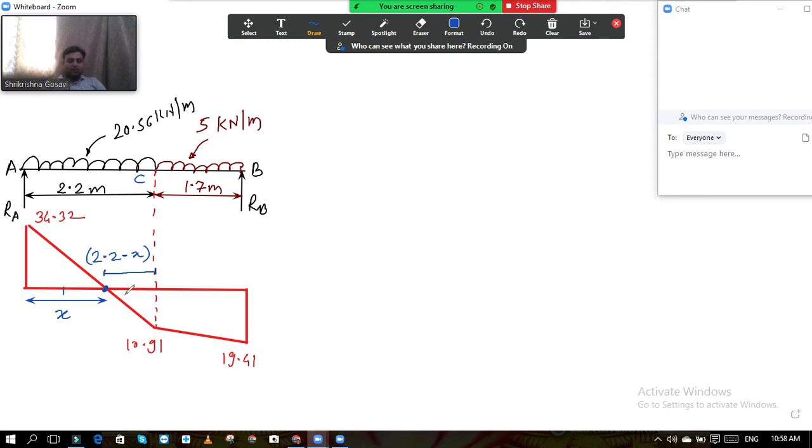So these two sides are known to us now. Okay, so this ordinate is 34.32. This ordinate is 10.91. So if I take the proportion of sides, then what will be the ratio? 34.32 divided by x must be equal to 10.91 divided by 2.2 minus x. Okay. If you solve this equation, you will get the value of x.